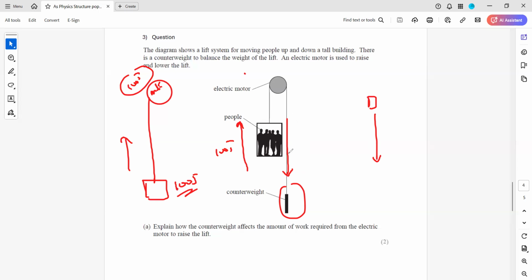So if the counterweight is going down and losing, let's say, 20 joules of gravitational potential energy, then to lift it up the motor has to produce only 80 joules of energy. So the advantage of using a counterweight is that it reduces the work done by the electric motor. Without a counterweight, it needs a greater amount of energy to move this lift or elevator vertically upward.